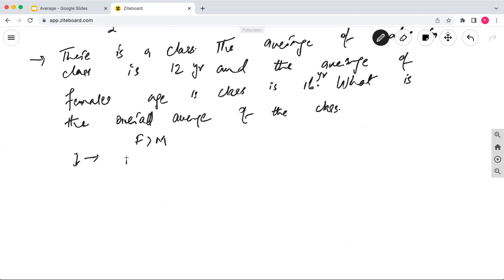For example, if males are 1 and females are 2, and the average of males is 12 and the average of females is 16. Now we can tell based on the simple average formula.